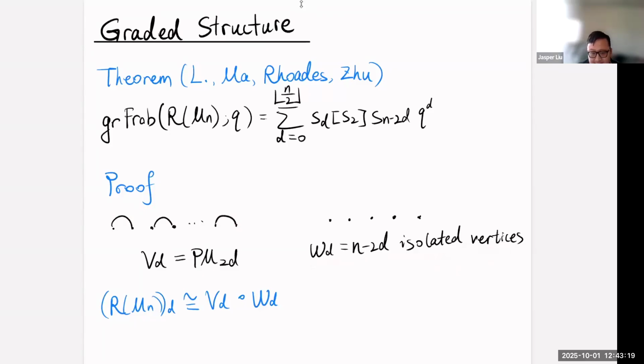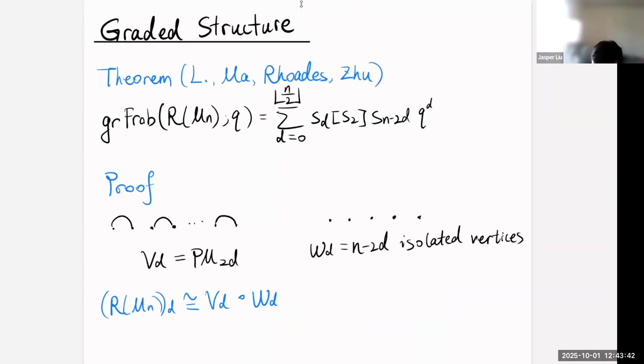So the degree d part of the orbit harmonics quotient corresponding to the involution locus will be the induction product of these two, which is just matching some n vertices with exactly d matched pairs.